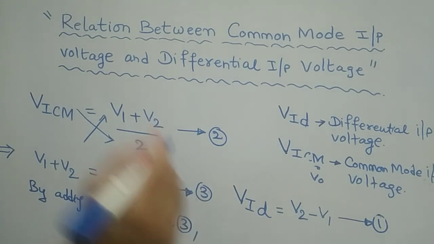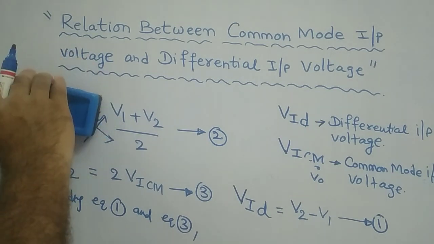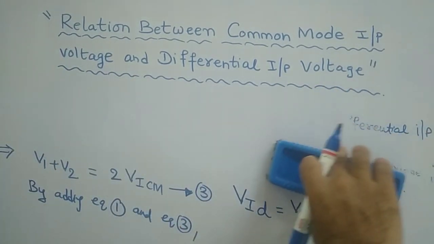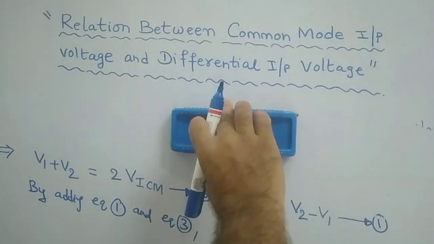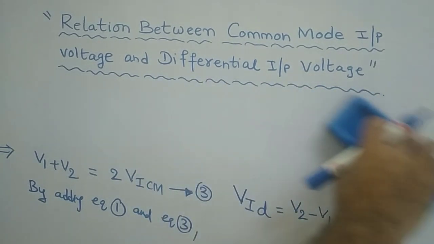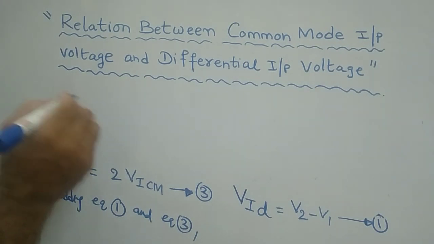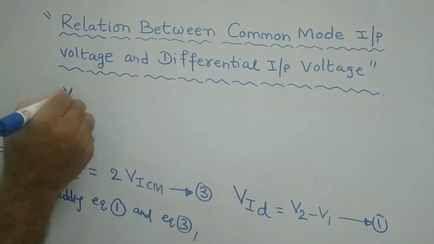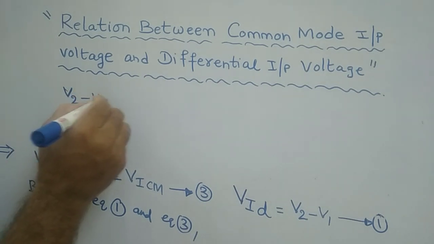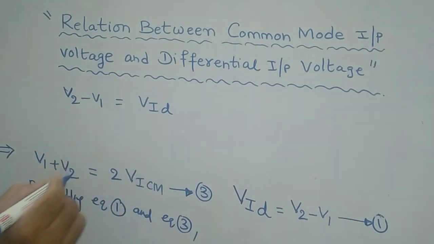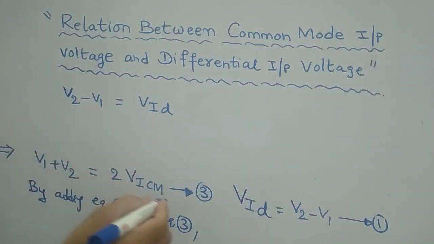I can show you here what will come if you add these two equations. What is the first equation? V2 minus V1 is equal to VID, the differential input voltage. What is the second, the third equation?